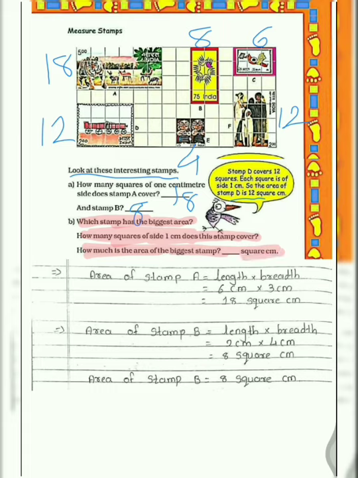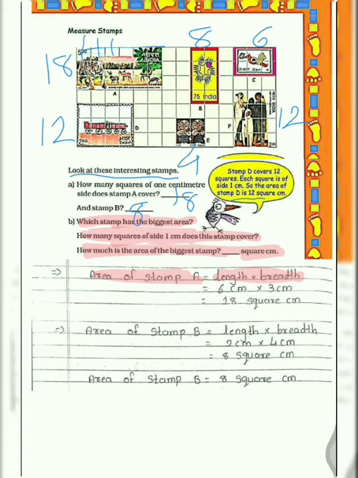So now we have to find out the area of each stamp by method. We will start with area of stamp A is equal to length multiplied by breadth. We have to write the formula every time. Length and breadth.